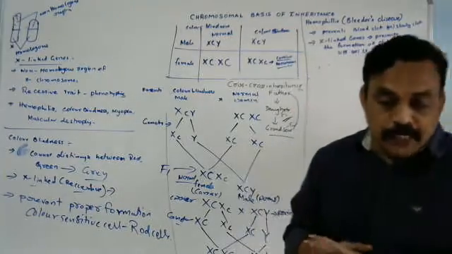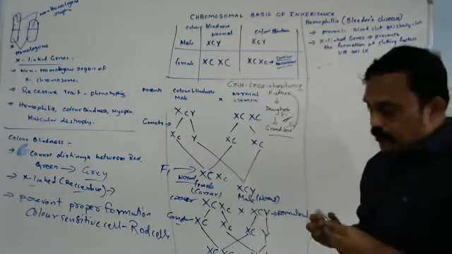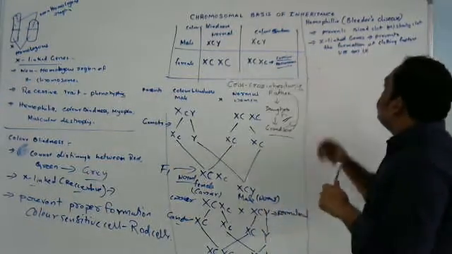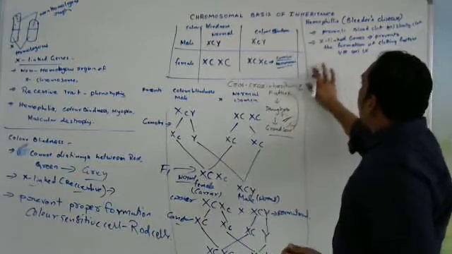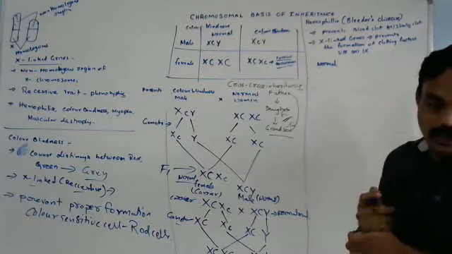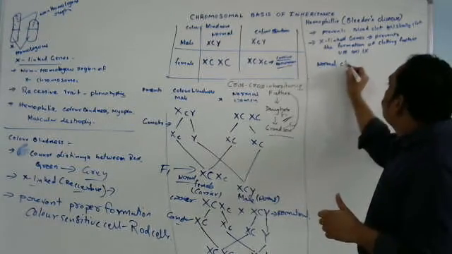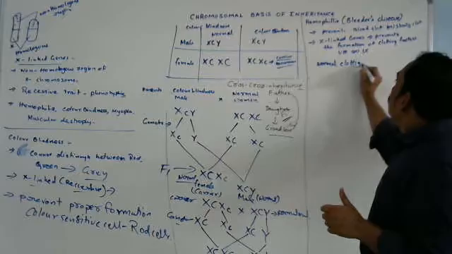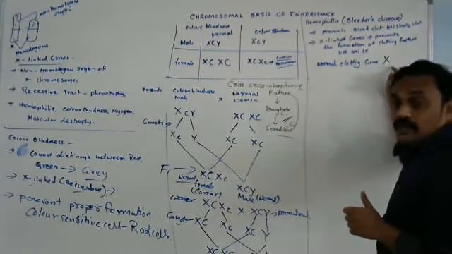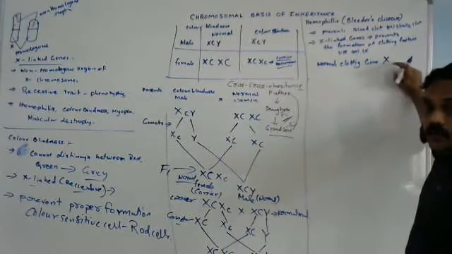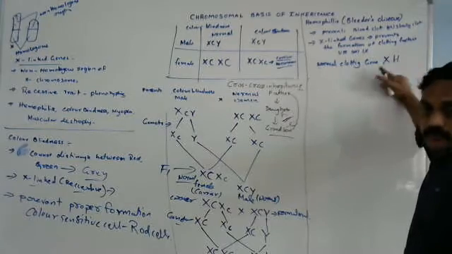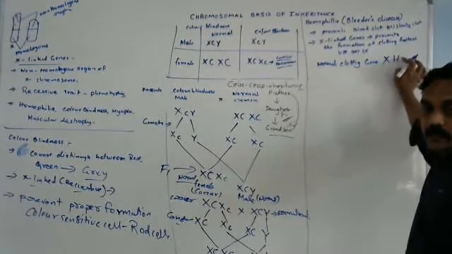So here, for example, in a normal person, the clotting gene is an X-linked gene. X-linked gene means it is on the non-homologous region of the X chromosome, with a capital H. That is in a normal person. This capital H is a dominant character.